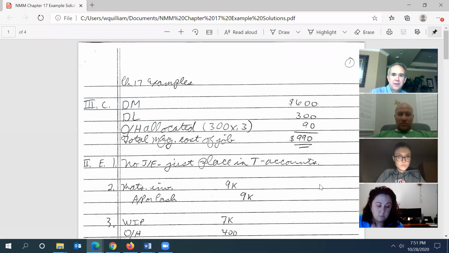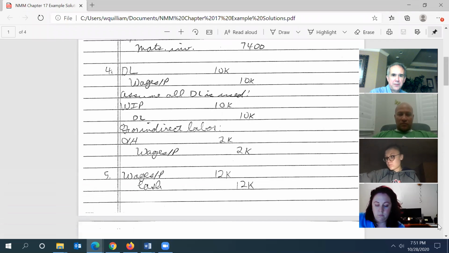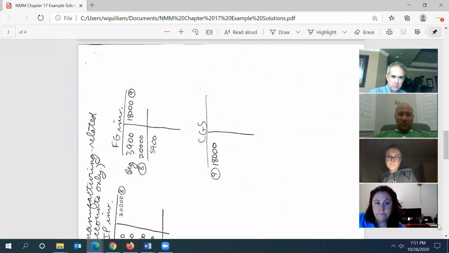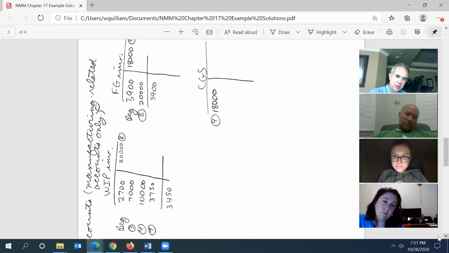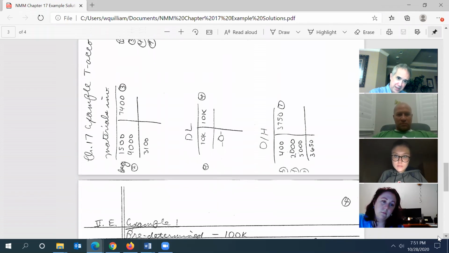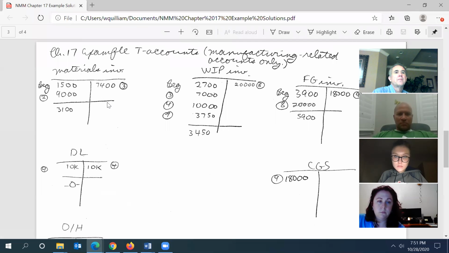And sure enough, I have. If I go to the T account page, which here is sideways, that's okay, I will turn it. So in materials inventory, the first one that we come across in time, beginning balance 1,500, I put it there.